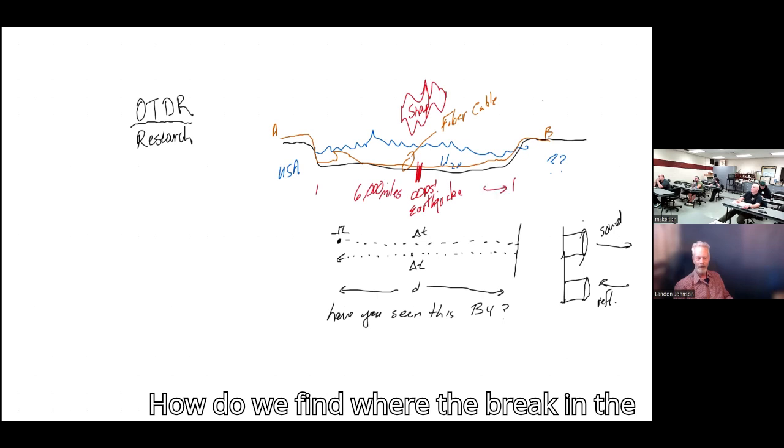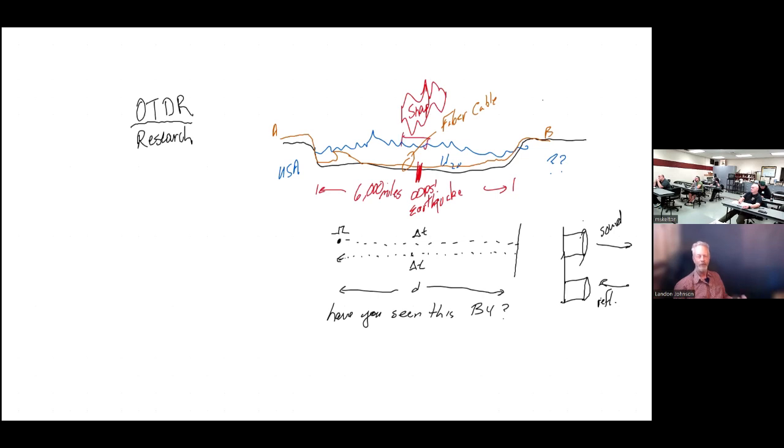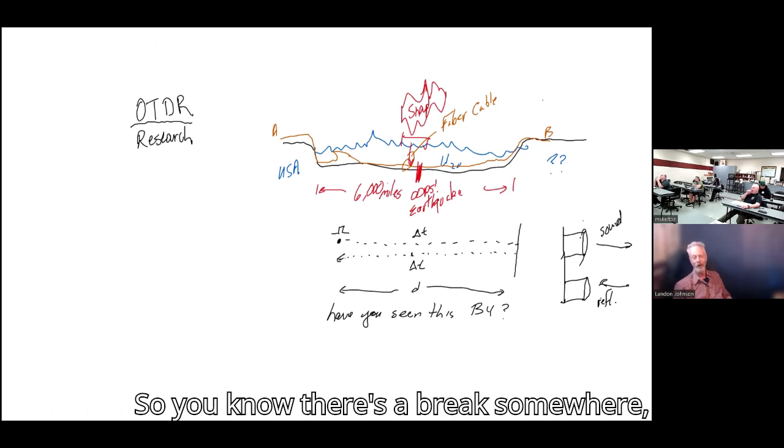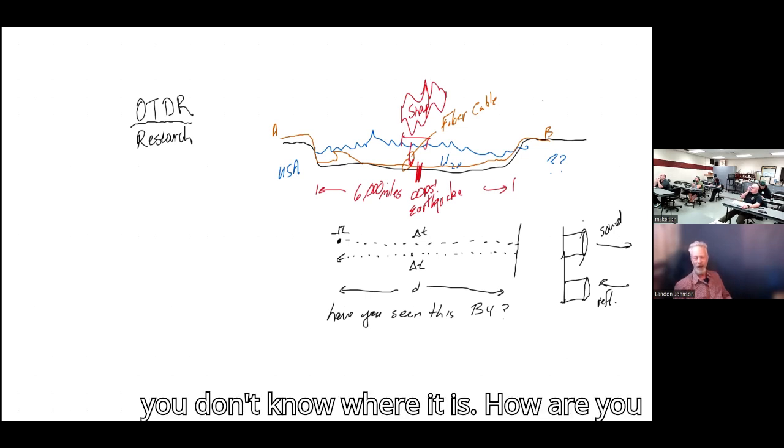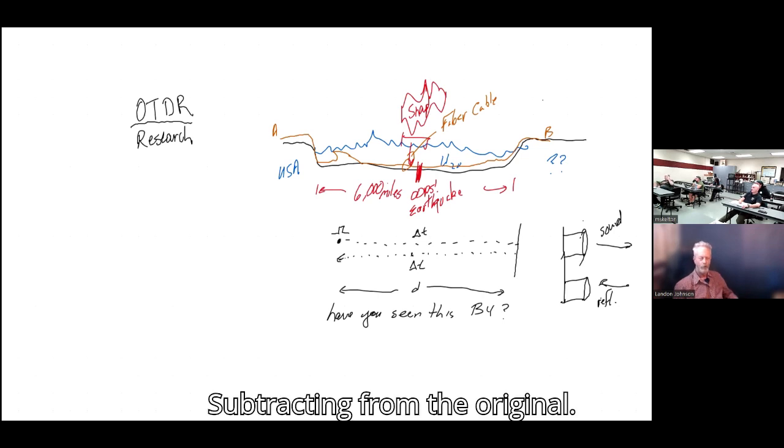How do we find where the break in the cable is so that we can send a ship out there and fix it? So you know there's a break somewhere. You don't know where it is. How are you going to find it? Taking the new OTDR and subtracting it from the original.